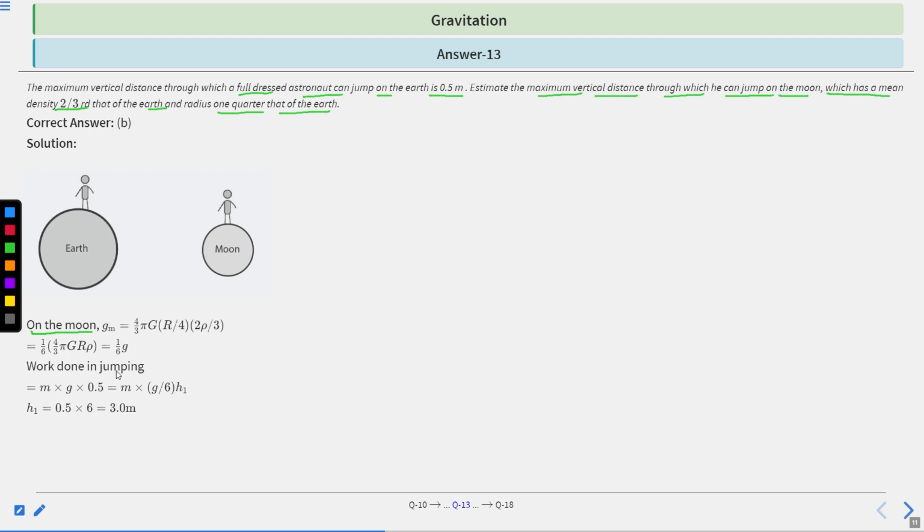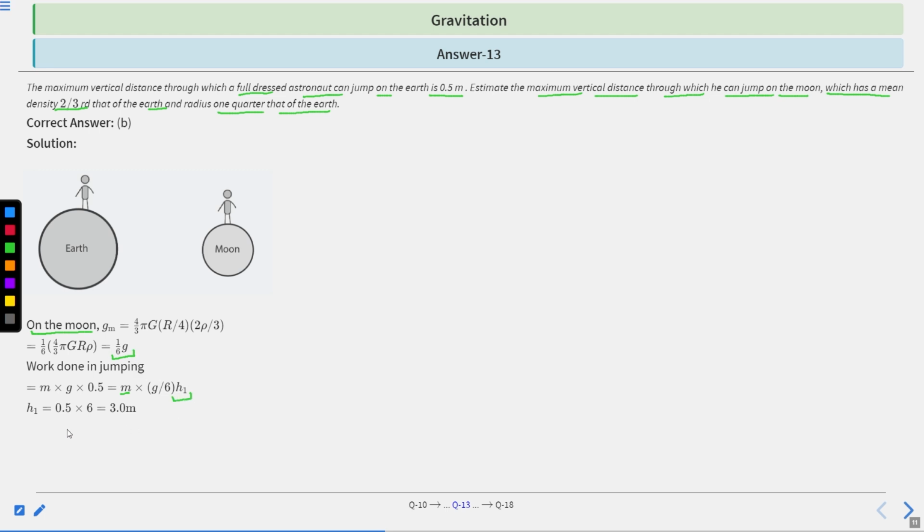Clear? So work done in jumping is equal to m g multiplied by h. Here m is the mass, g is g by 6, and h, suppose h is h1.